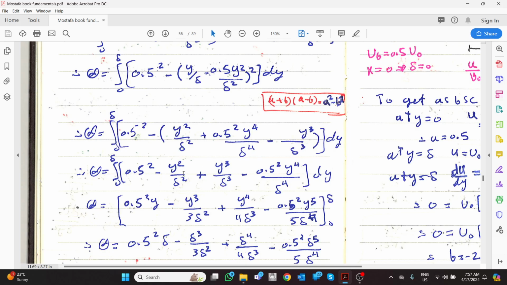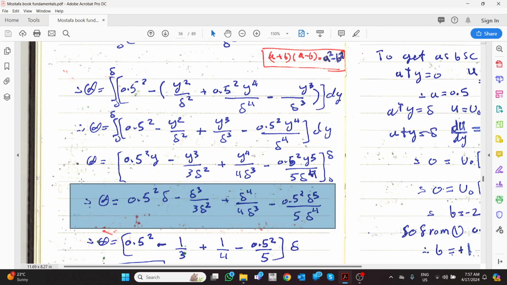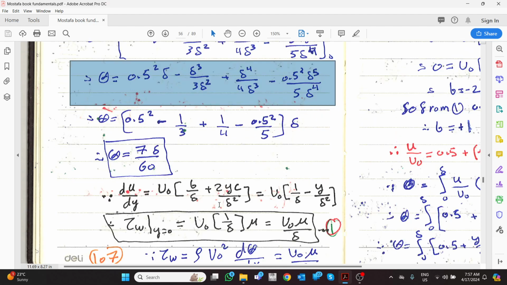However, you will reach the same result in both directions. Make integration in y, apply it from 0 to delta. This is the equation for momentum thickness with respect to the boundary layer thickness. You can put the delta outside, so theta equals these numbers, which is 7 delta over 60. Good.